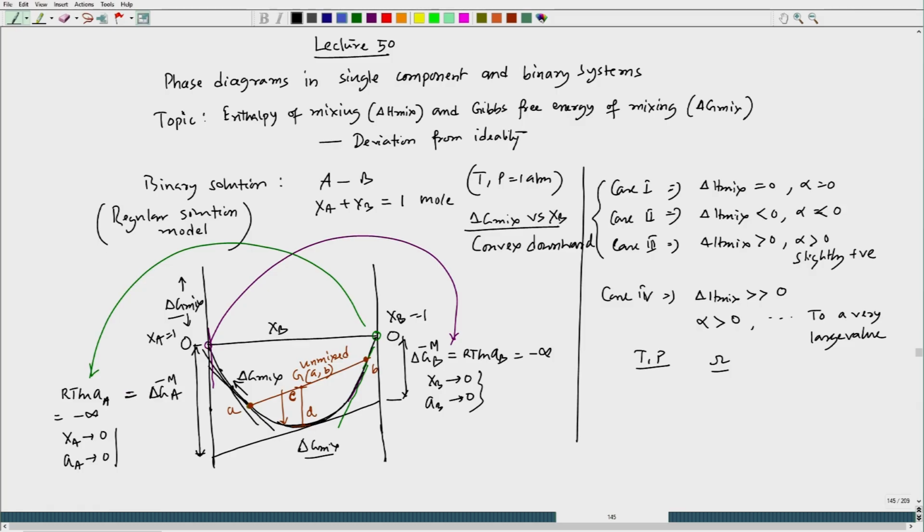Then what will be the influence on the delta Gmix or delta Gmix by RT plot with XB? This question we would like to address in today's lecture.